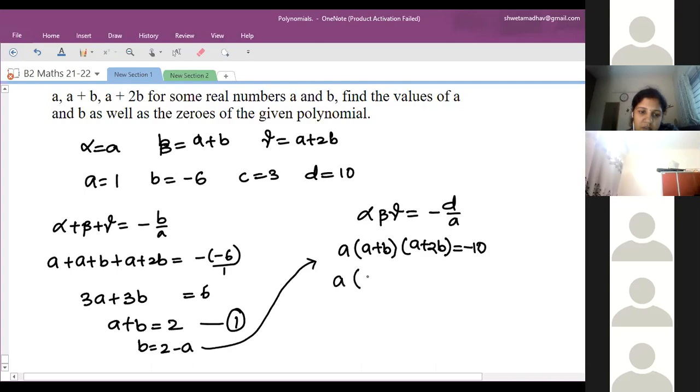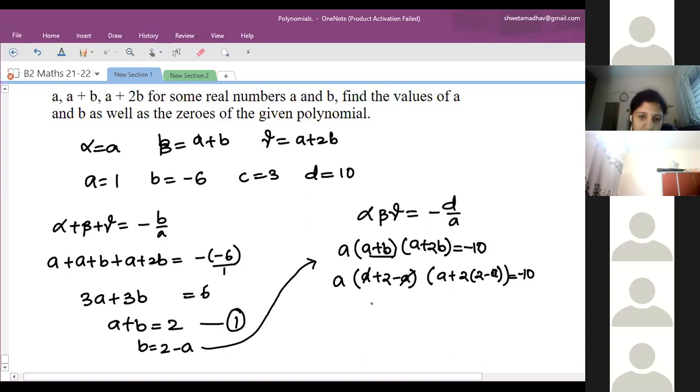So a, then a plus 2 minus a, then a plus 2b is a plus 2 into 2 minus a. Is this step clear? Or directly a plus b you can write as 2. Able to understand?